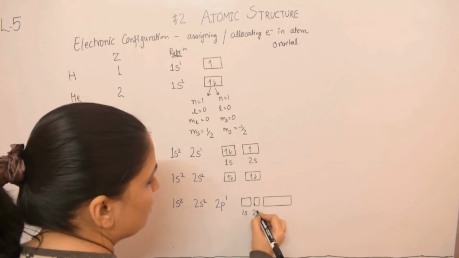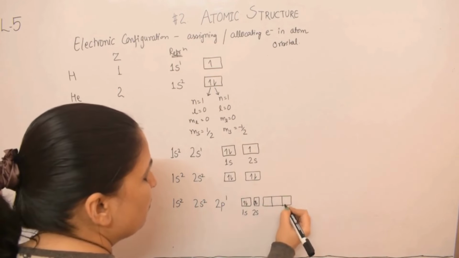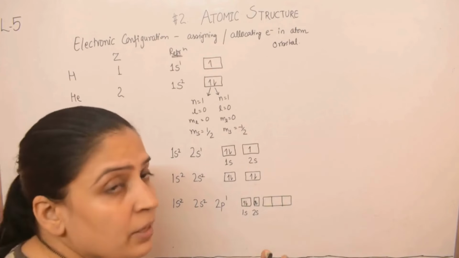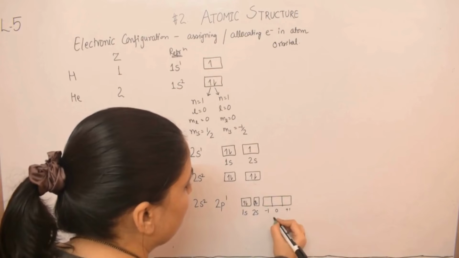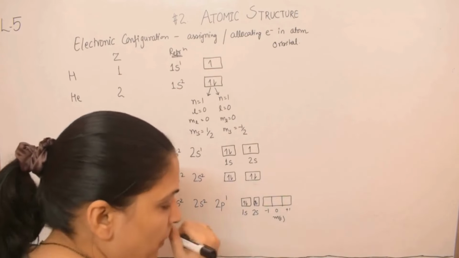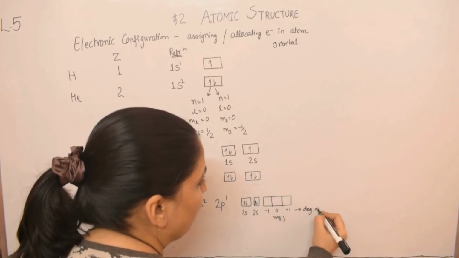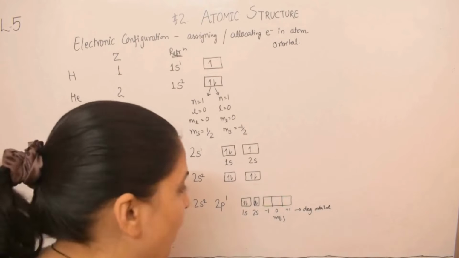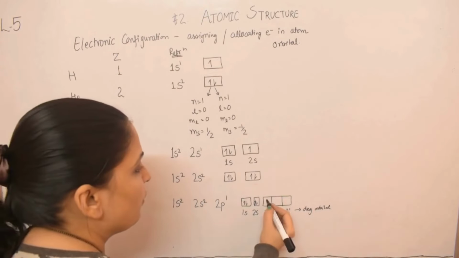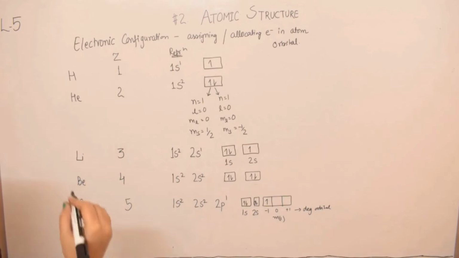This is 1s, this is 2s, and then in p there are 3 orientations possible, which are ml values of -1, 0 and +1. These are called degenerate orbitals. Here Hund's rule comes into action, so 1 electron will be occupied here.